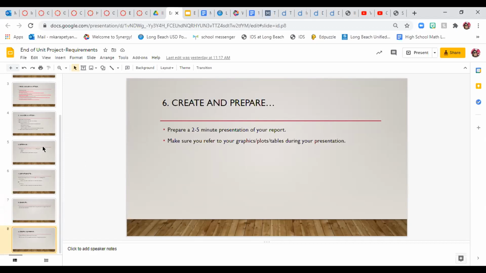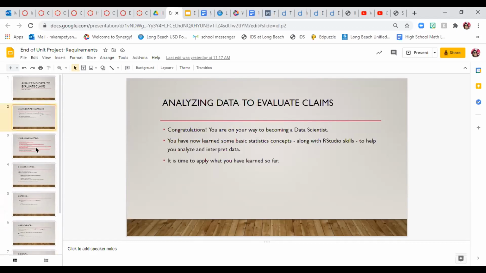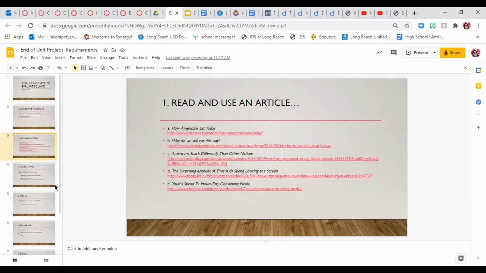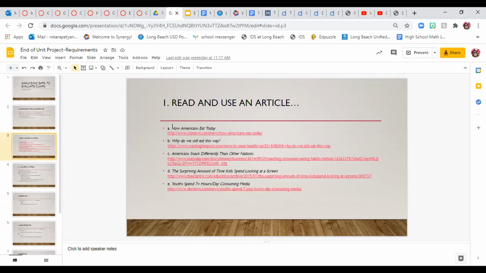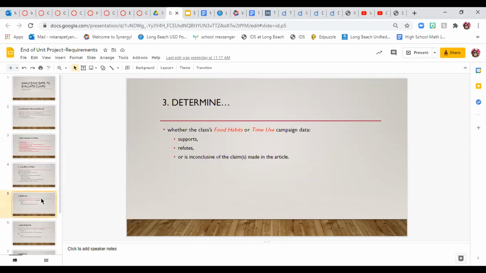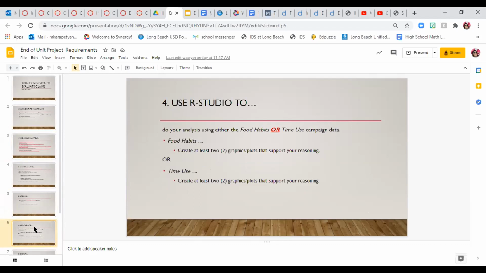Okay, so let's recap. You are going to choose an article. You are going to read and analyze the article. Then, depending on whether your article is about food or about time use, you are going to use RStudio to determine if our collected data agrees with the article, disagrees with the article, or doesn't really prove one way or the other.